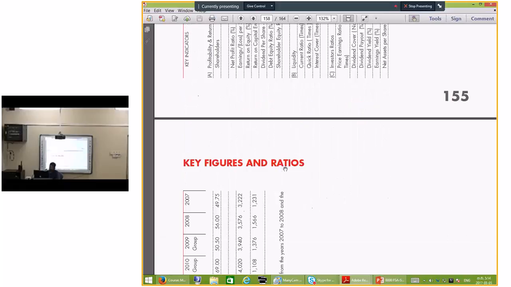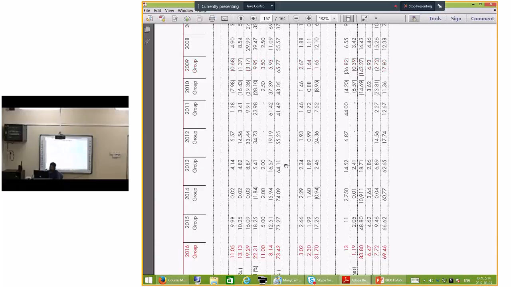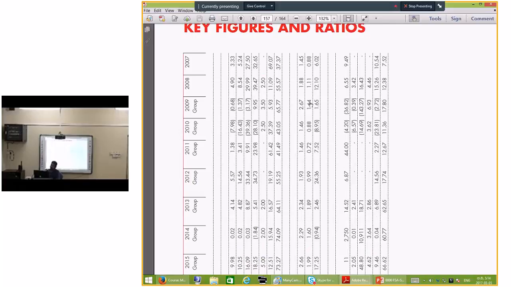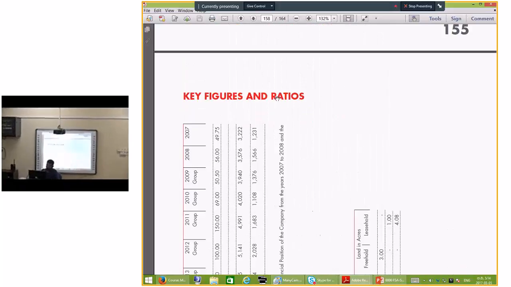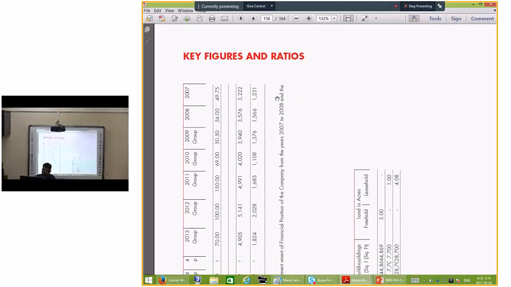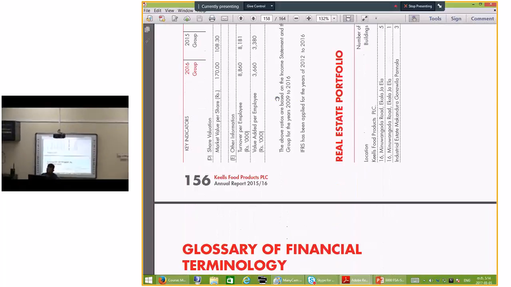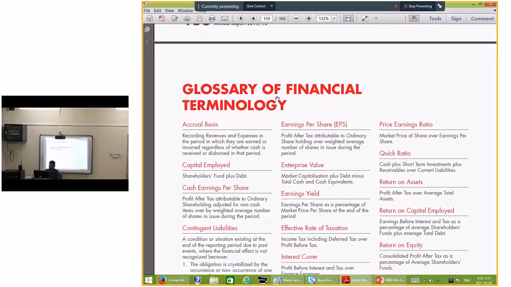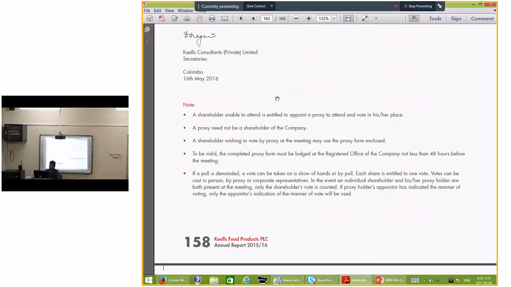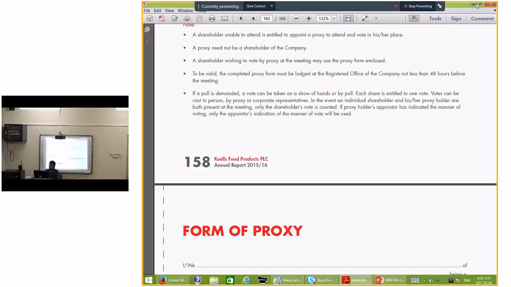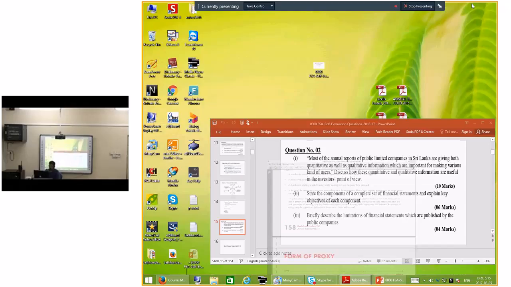All ratios are given for 10 years again. Then directly anyone can compare and use these details to make decisions. Right, those are the important details given by this annual report.